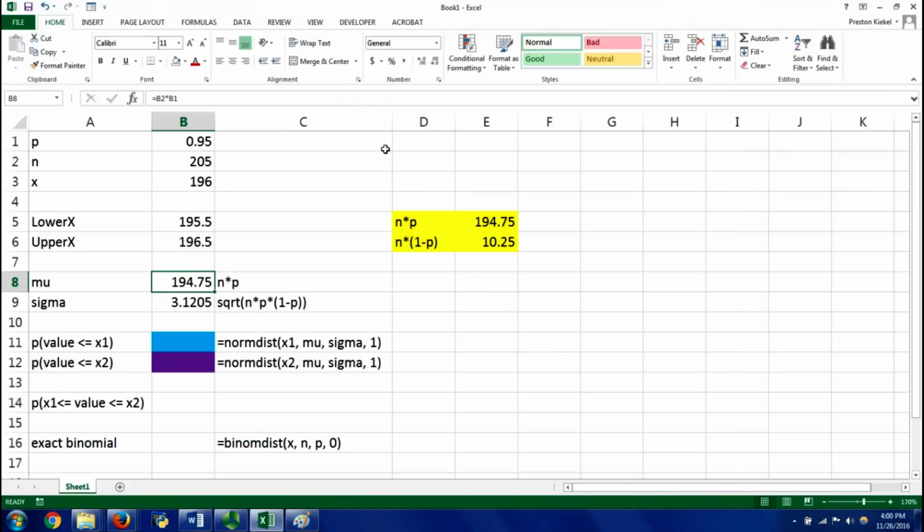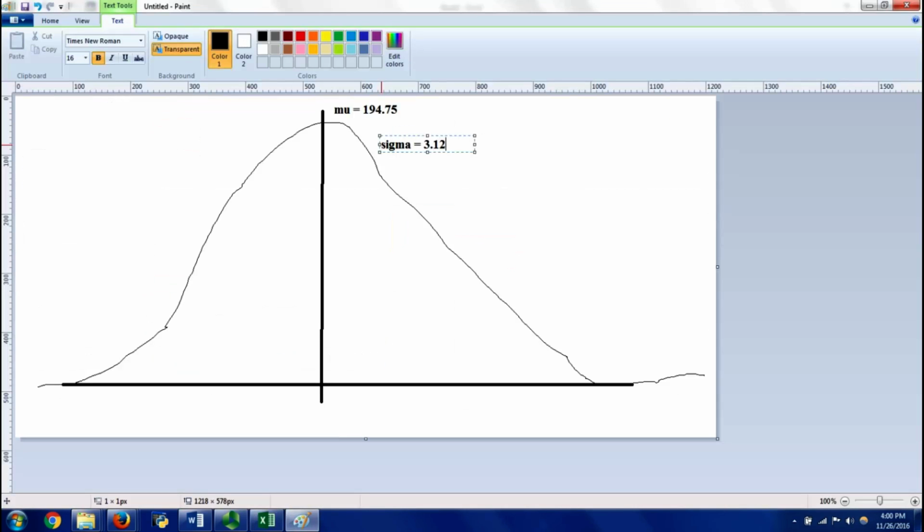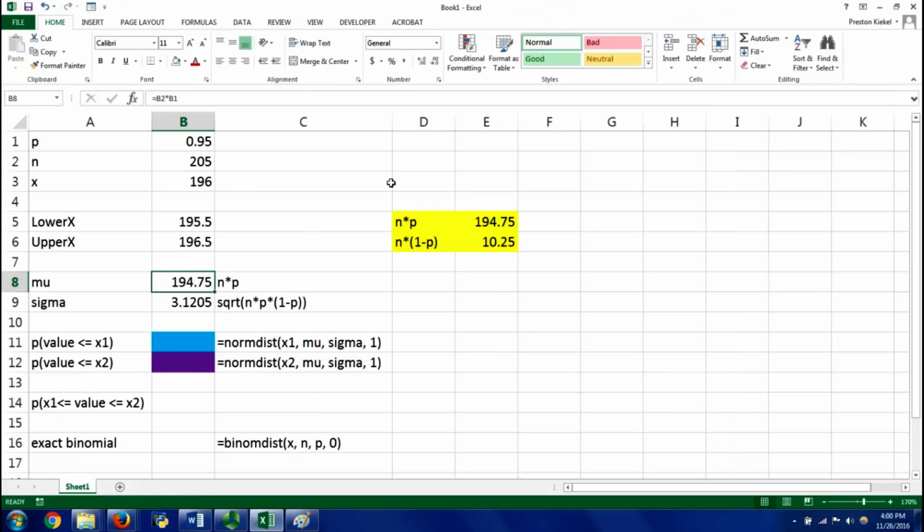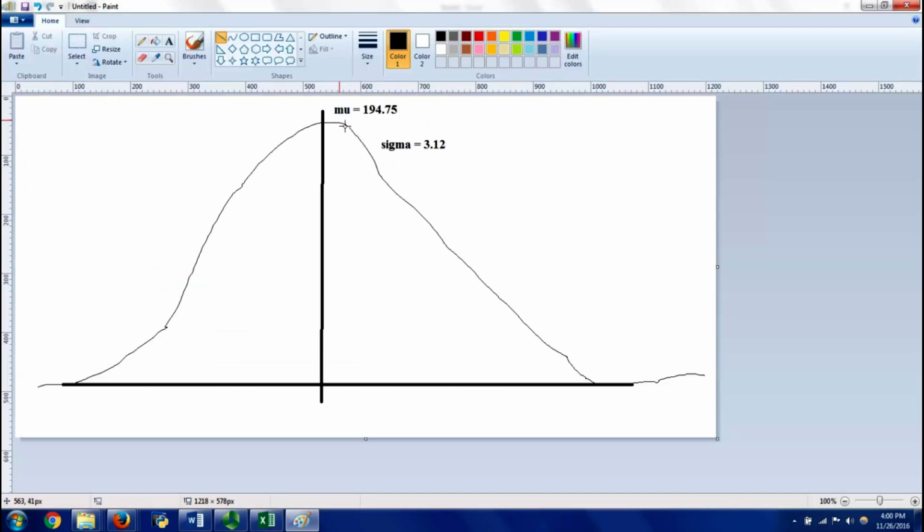The population standard deviation is 3.12, and now I'm going to draw lines for my two x's. 195.5 is bigger than mu, so they're both bigger than mu. Here's my x1, here's my x2.